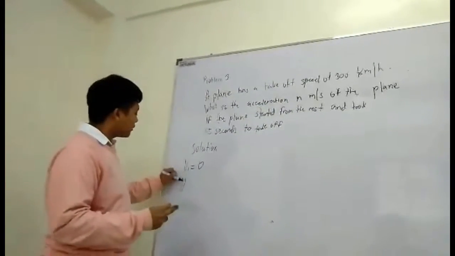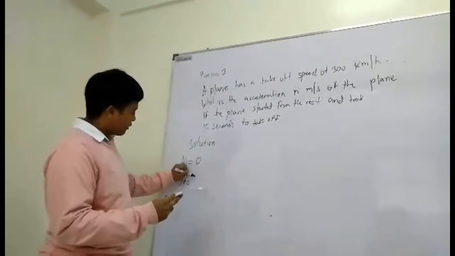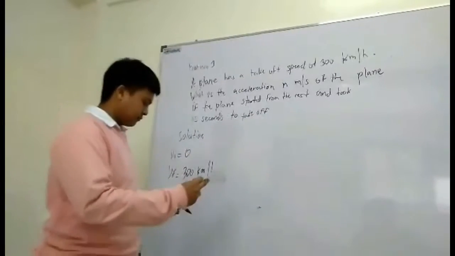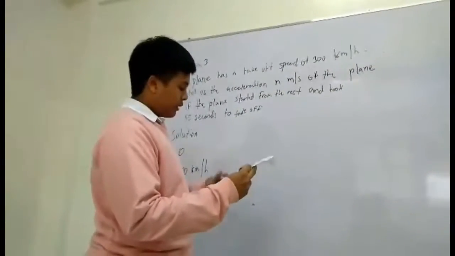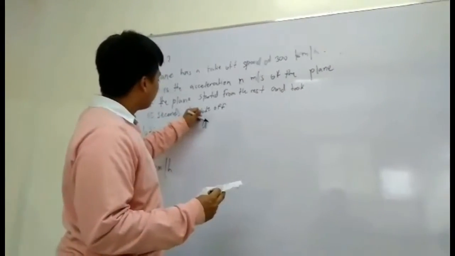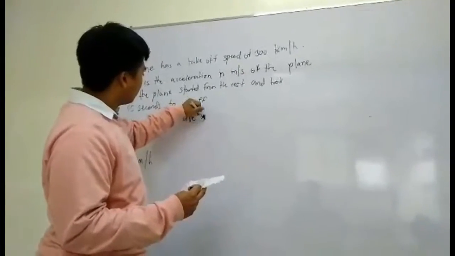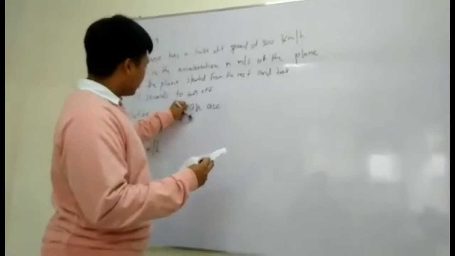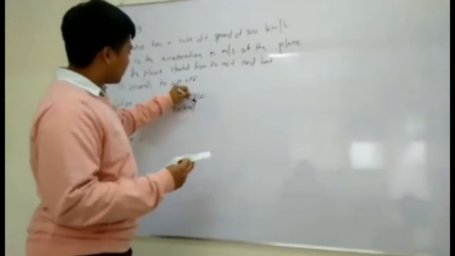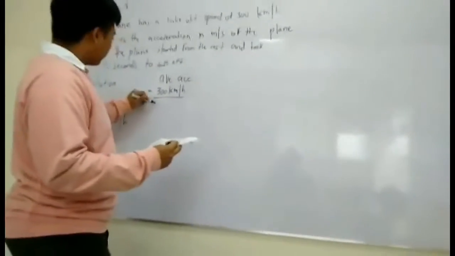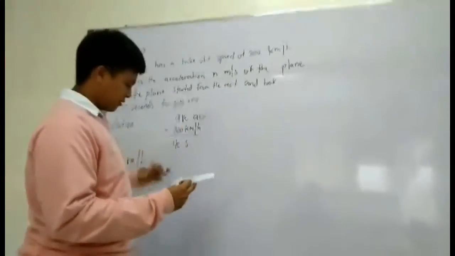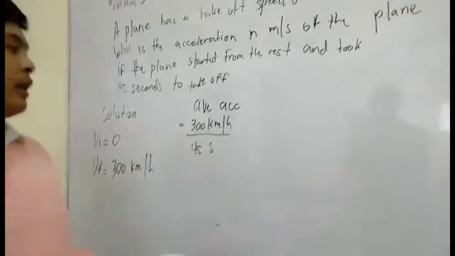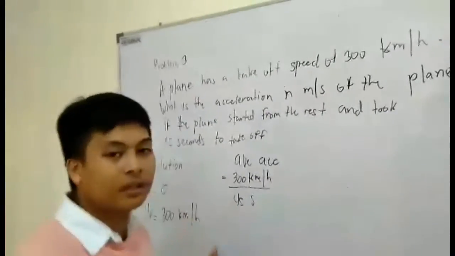The final velocity of the plane is 300 kilometers per hour. We now compute the average acceleration: 300 kilometers per hour over 45 seconds. But first, we need to convert the 300 kilometers per hour into meters per second.